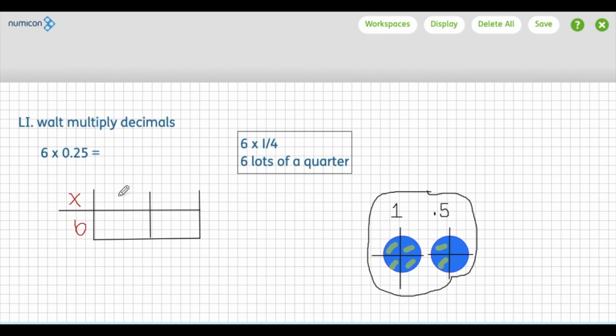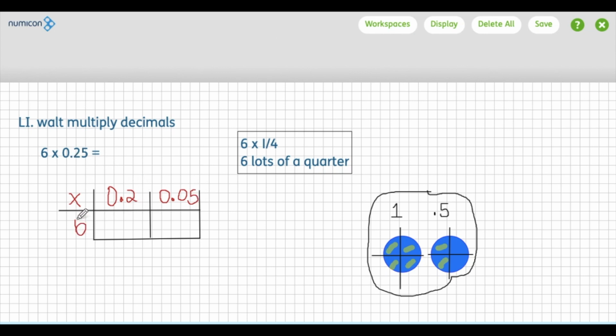So if we remember, multiplying by 0.2 is going to go here, and this is 0.05 over here, all right? And that's because if we're speaking about place value, we have 5 hundredths here, and 2 tenths here.